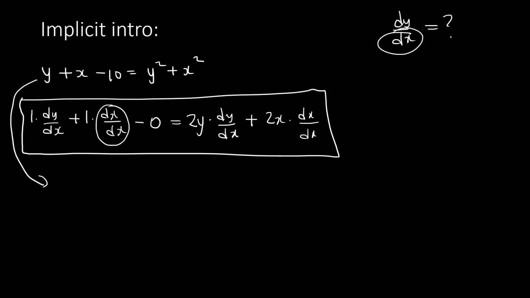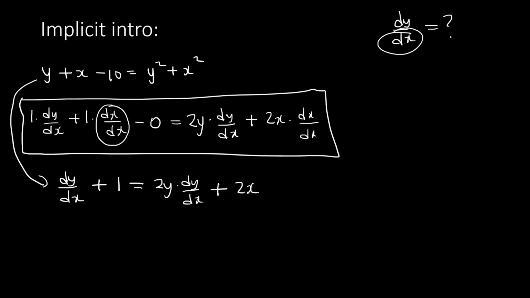From here, you differentiate y, you get 1 dy dx. You differentiate x, you get 1. You differentiate 10, it's 0, so you don't write it. You differentiate y squared, it's 2y dy dx because I differentiated y. You differentiate x squared, you get 2x.